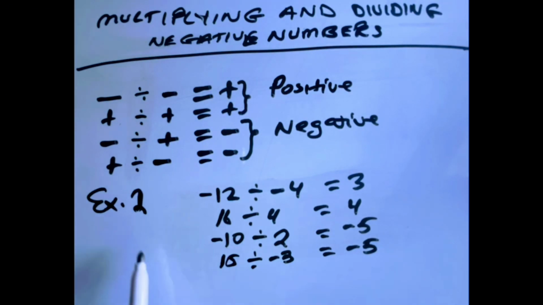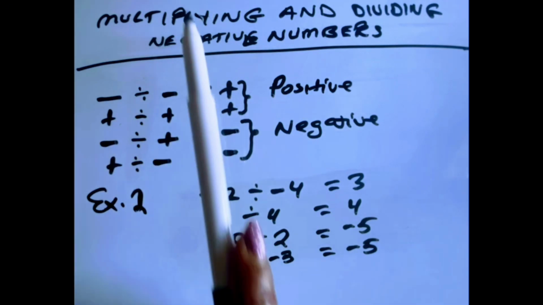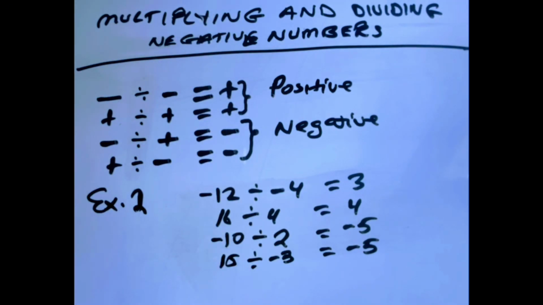So as you can see in example 2, division will follow the same rules as multiplication. So the key takeaway here is that dividing two numbers with the same sign, both negative or both positive, will result in a positive number, while dividing numbers with different signs will result in a negative number.